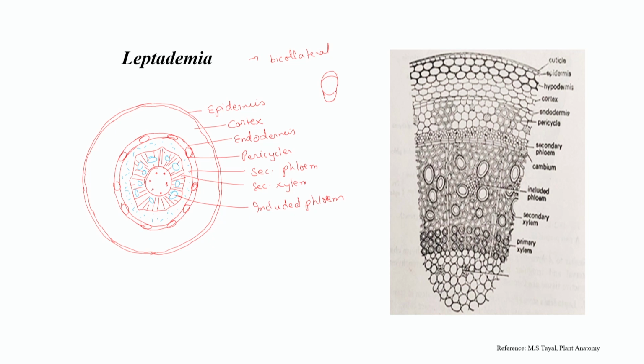So in this case, you will see some phloem patches on the lower side also. That phloem will be formed by the phloem which is present on the lower side. Because of those bicollateral bundles, the upper region will form the normal vascular tissue, but in that you will find included phloem, and some phloem patches will also be there in the pith region.